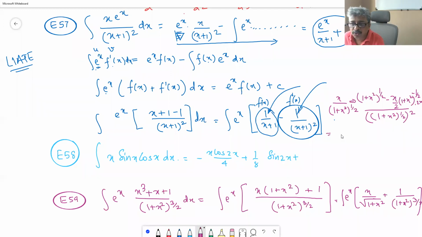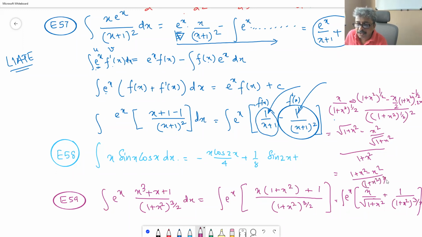So this is radical 1 plus x square minus x square upon radical 1 plus x square, whole divided by 1 plus x square. And therefore, if you clear this denominator, you get 1 plus x square minus x square upon 1 plus x square raised to 3 by 2.